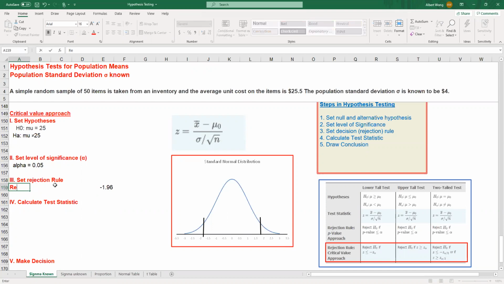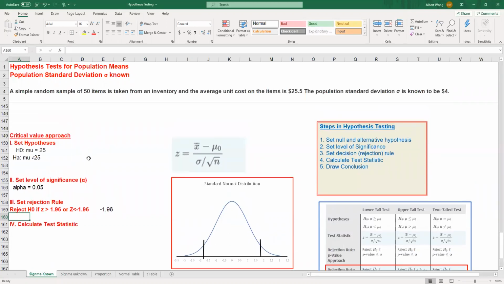So how do we write it? We say reject H0 if Z is bigger than 1.96 or Z is less than negative 1.96. Two sides because this is a two-tailed test.